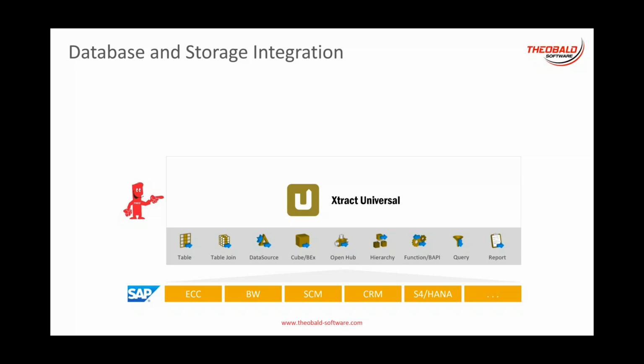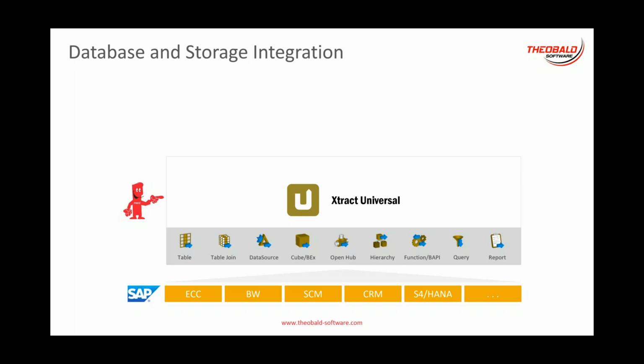And so I'll walk briefly through these. We can connect to tables or joins of tables. We can also connect to what are called data sources, OLTP data sources in the ERP system. Those are actually SAP's own extractors that customers use to also pull data into a BW system.